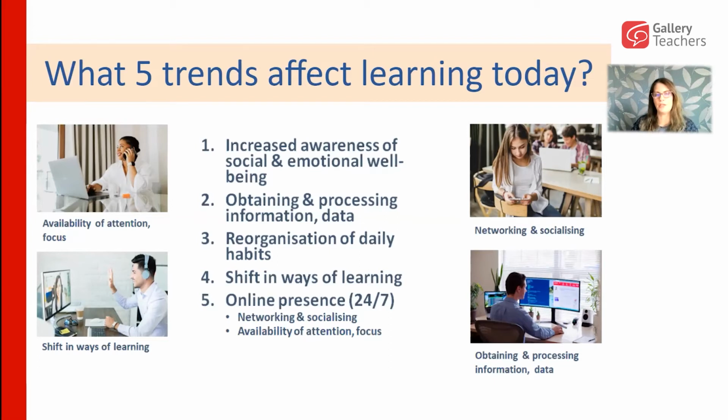So just very briefly, what we've noticed in the past few years is there's much more awareness, there's much more information about social and emotional well-being, why it's important for our learners, why it's important for professionals. So it's a bi-directional thing. Also, the way that we are gathering information, how we process and use data is much more different than what it used to be 20, 30 years ago. There's not so much book dominance.